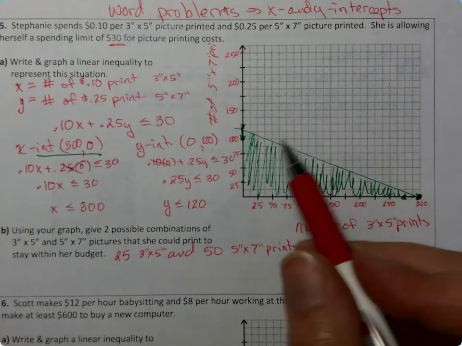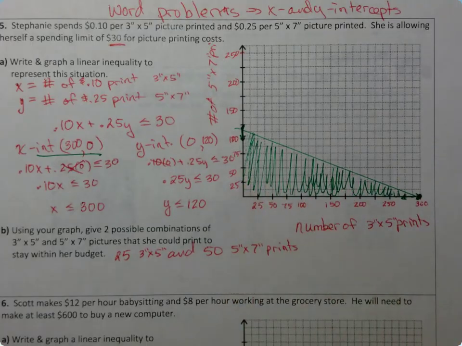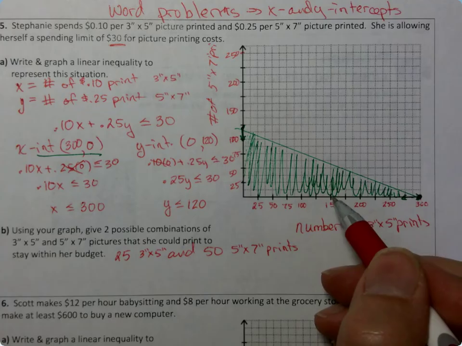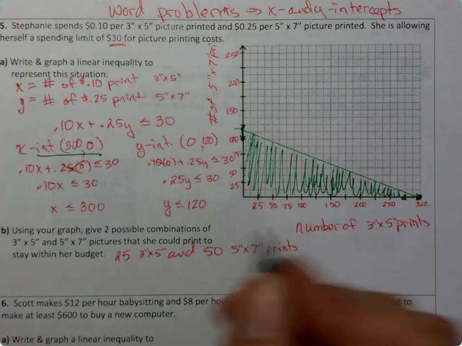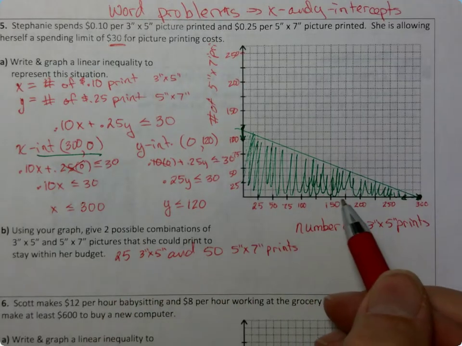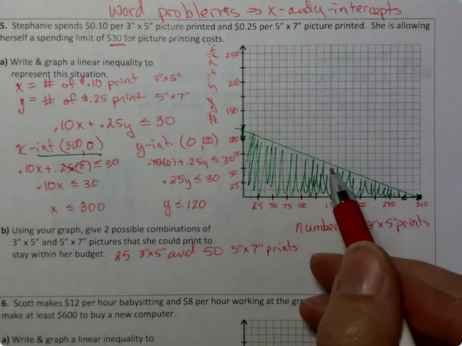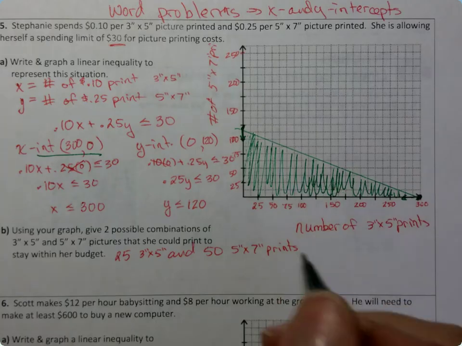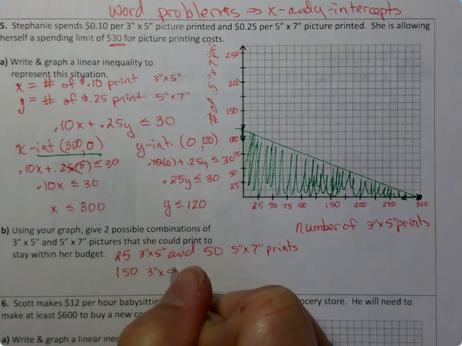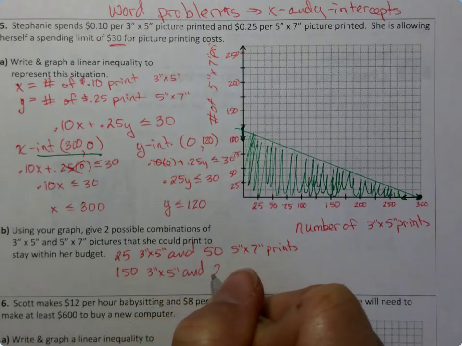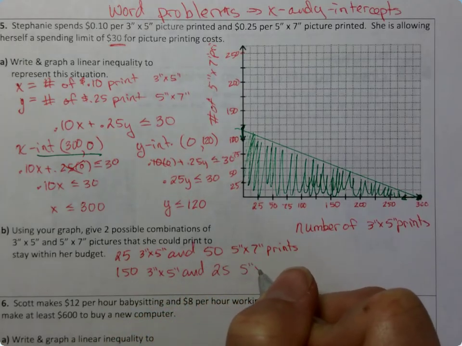I'd probably stay away from the solid line since it's not perfectly accurate. Let's do 150 and 75. No, I think that's too high. 150 and 25. So 150 3x5s and 25 5x7s.